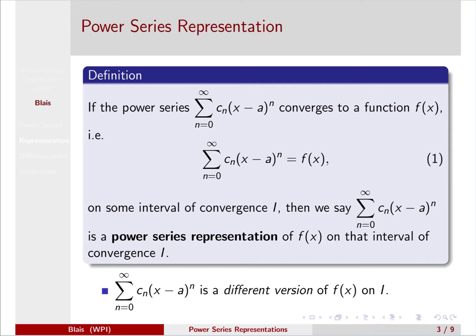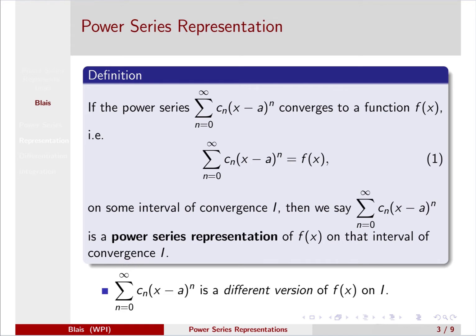Well, what if on its interval of convergence, the power series converges to some function f of x? So if the series converges to something, x is involved, so what it converges to should be some function of x. If there is a function f of x to which our power series converges, we say that this power series is a power series representation of f of x on that interval of convergence.